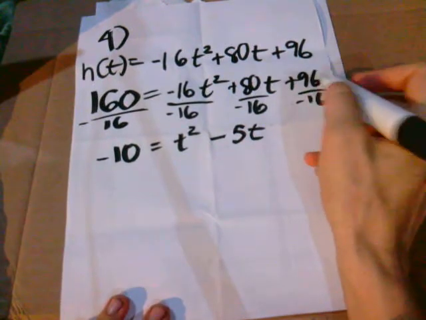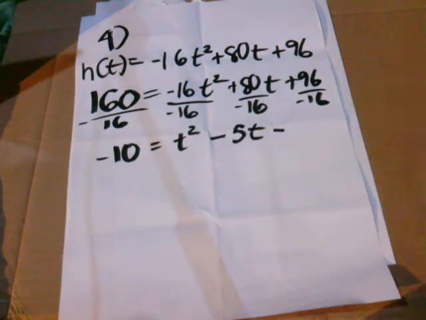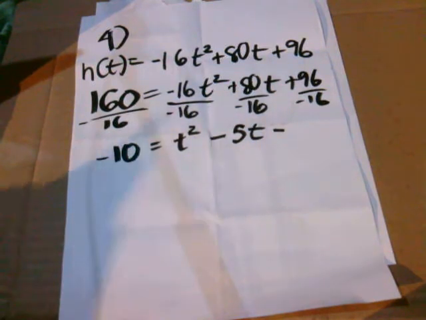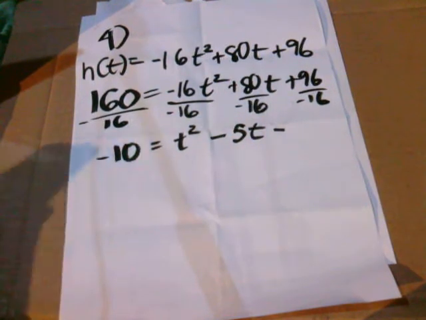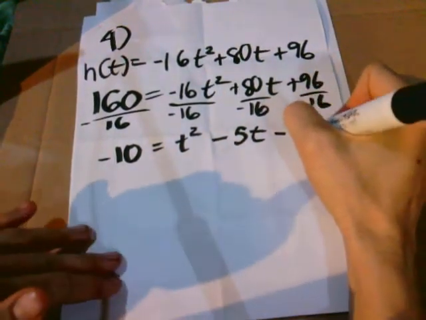Here's another positive divided by a negative, so it's going to be negative 96 divided by 16. What is that? Six. Okay, 96 divided by 16 is 6.